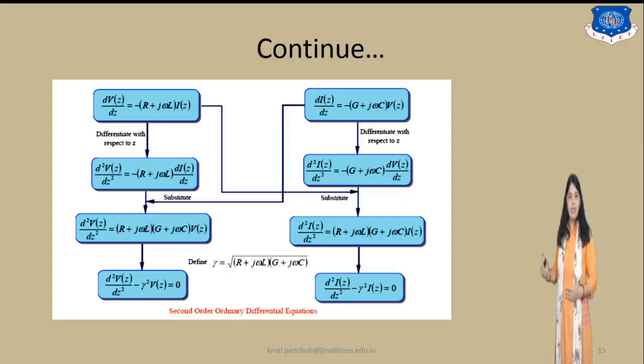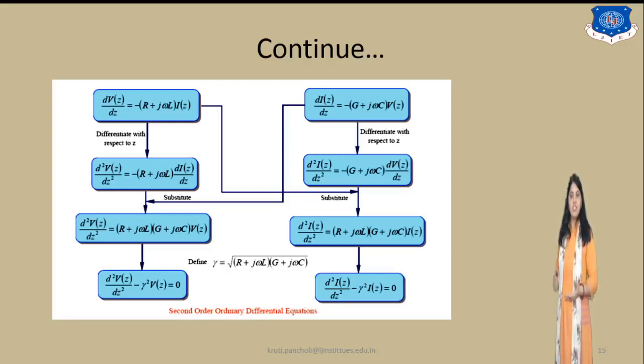For the KCL we can write d square I(z) upon dz square is equal to minus (G plus j omega C) dV(z) upon dz. So this way we find the second order differential equation. Now we do more simplification and put the value of gamma.